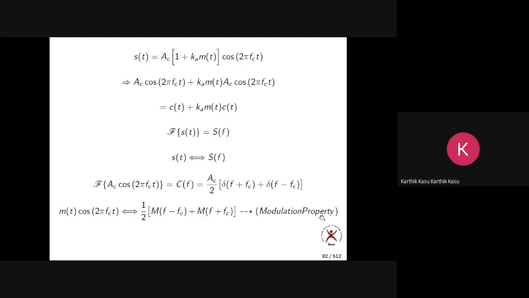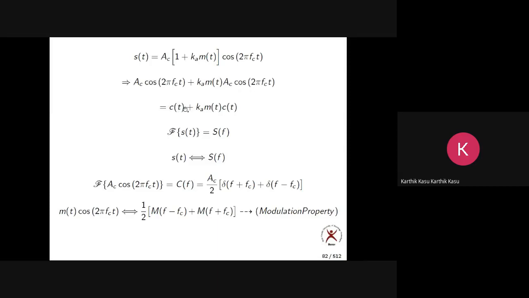So what does modulation basically mean? You take a message signal and multiply it with the carrier; that is modulation. But can you tell me what is the difference here? We are multiplying the message with the carrier, and also we are adding the carrier. That is the difference in AM. Basically this is modulation, but in AM the extra thing is that we add the carrier also.